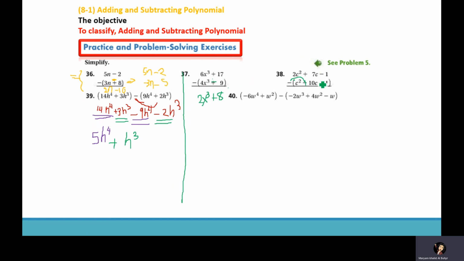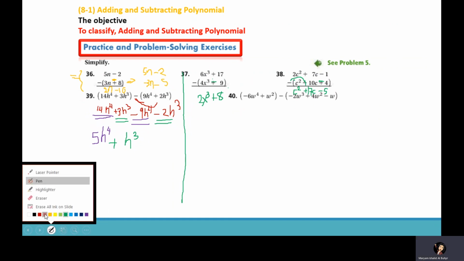That will be plus, and that will be minus. You can work now directly. So 2 minus 1, it's 1c, c to the power 2. Here, this will be plus, because minus minus is a plus, so 7 plus 10, it's a plus 17c. Minus and minus, it will be minus 5. Minus 1, minus 4, it will be minus 5.